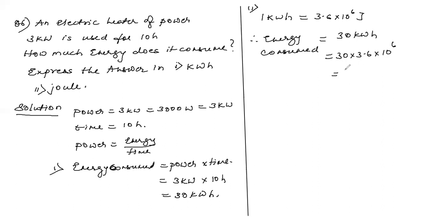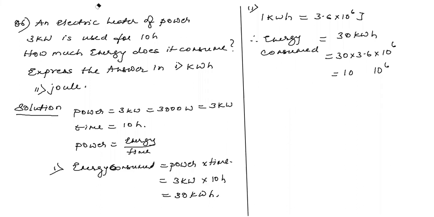This will become 108 into 10 raised to 6. But in physics, always remember, children, you should write the answer so that there is only 1 digit to the left of the decimal. Suppose if I put the decimal here, I will get 3 digits to the left of it. I don't want it like this. I want only 1 digit to the left of the decimal. So naturally, children, how do you go about it?